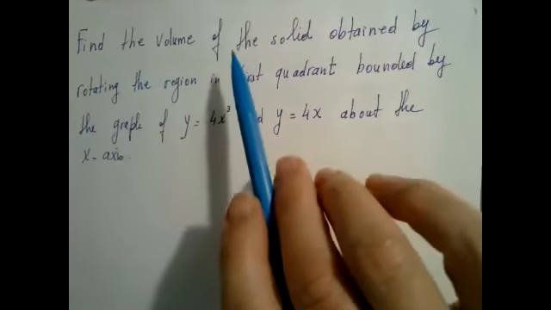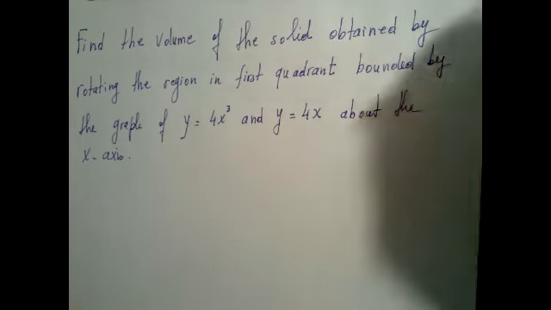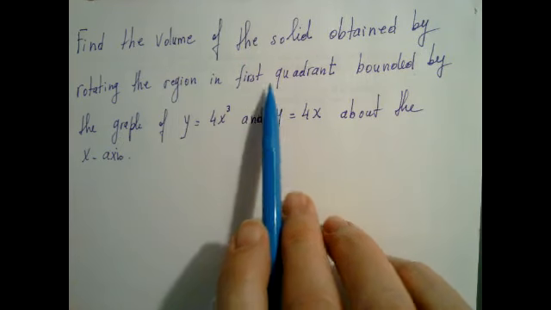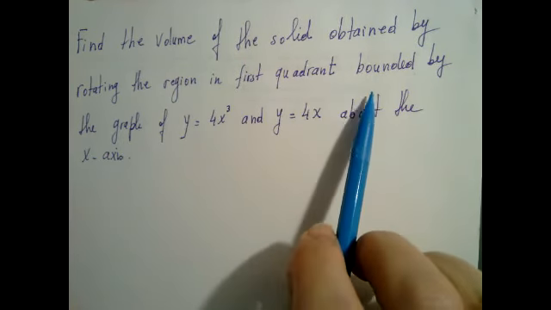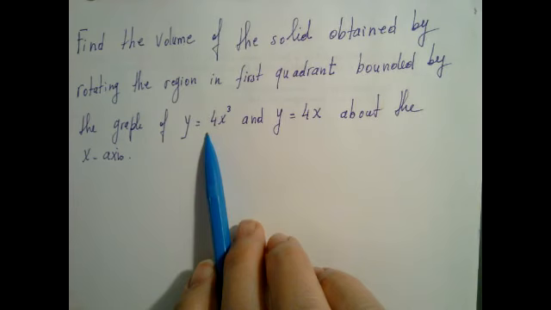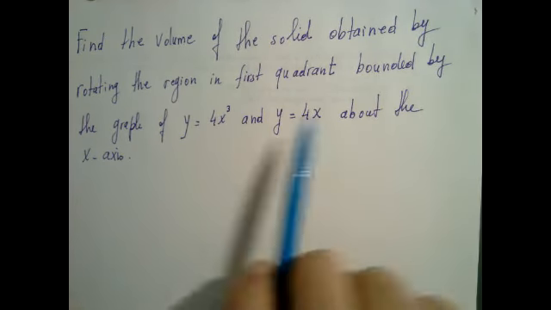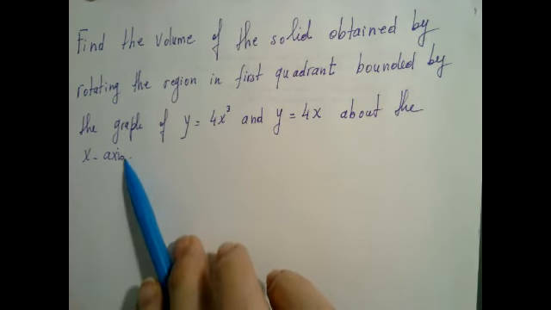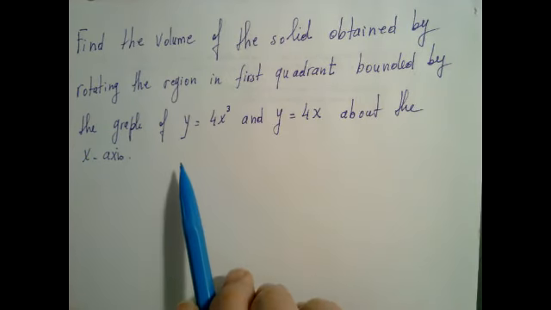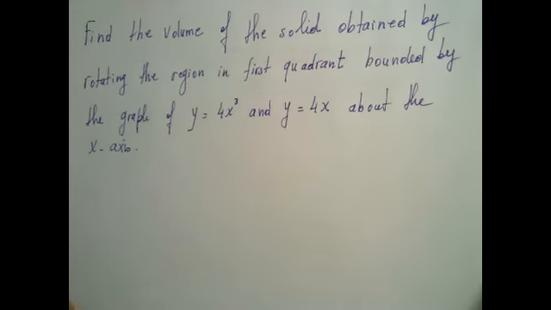Find the volume of the solid obtained by rotating the region in the first quadrant bounded by the graph of y equal 4x cubed, y equal 4x about the x-axis. So verbatim the same, I'm just changing the function that we are going to rotate.